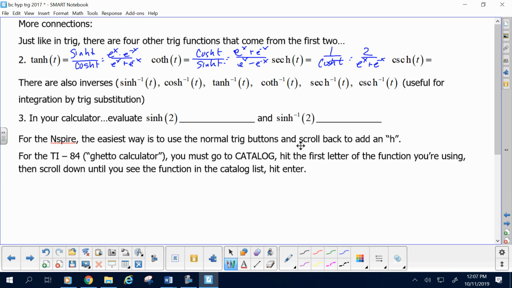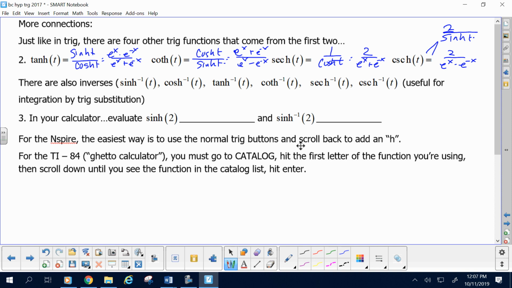See, it's just ridiculous. Furthermore, there's also inverse sinh, inverse cosh, inverse hyperbolic tangent, inverse hyperbolic cotangent, and so on.